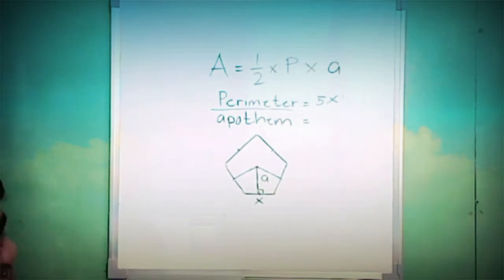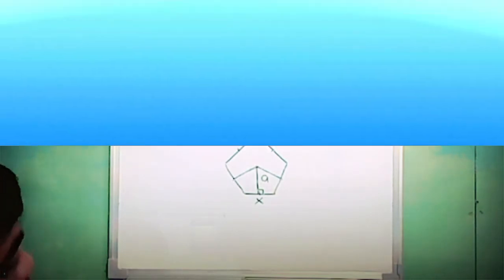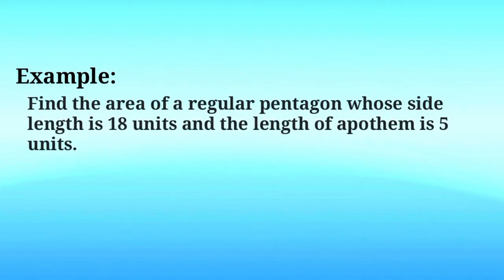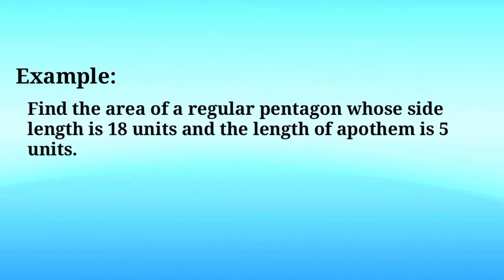Okay, so let's have an example for this formula. Example problem: find the area of a regular pentagon whose side length is 18 units and the length of the apothem is 5 units.